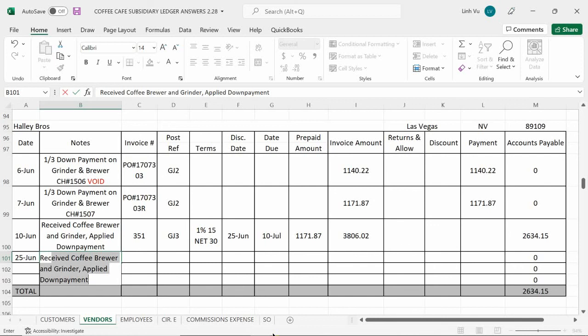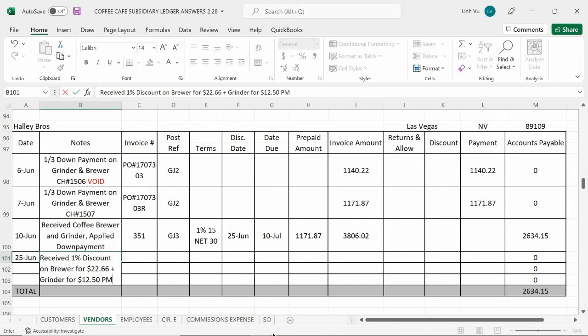Received 1% discount on brewer, okay, for $22.66 plus the grinder for $12.50.